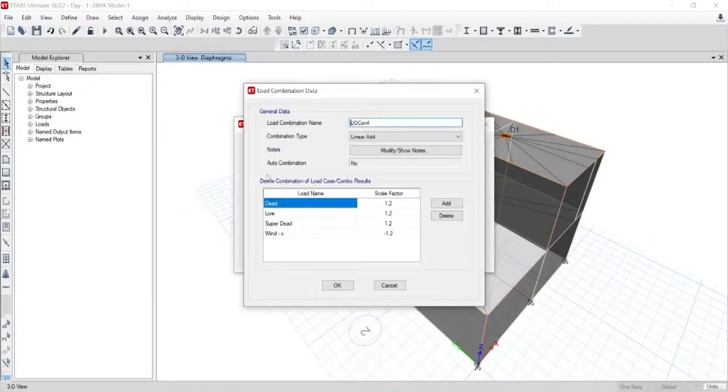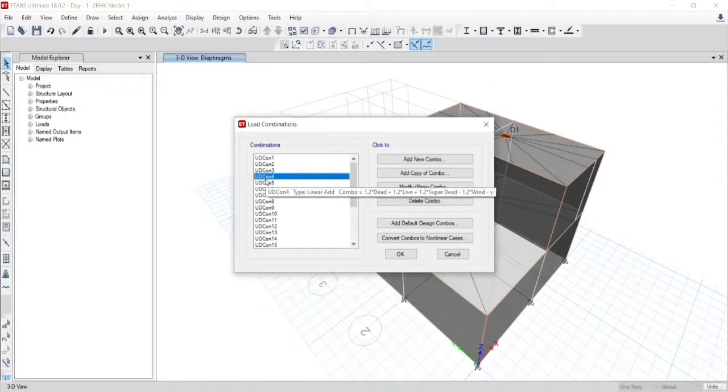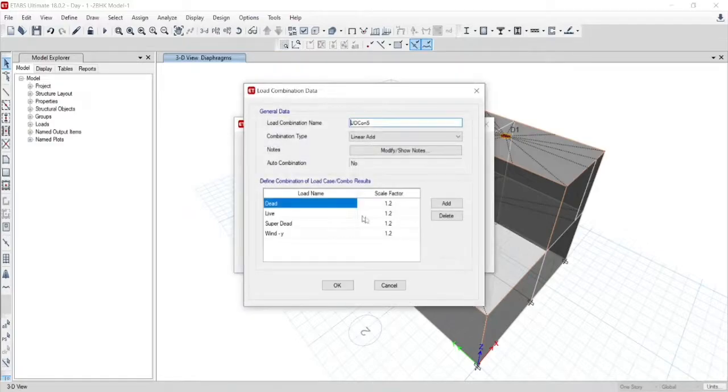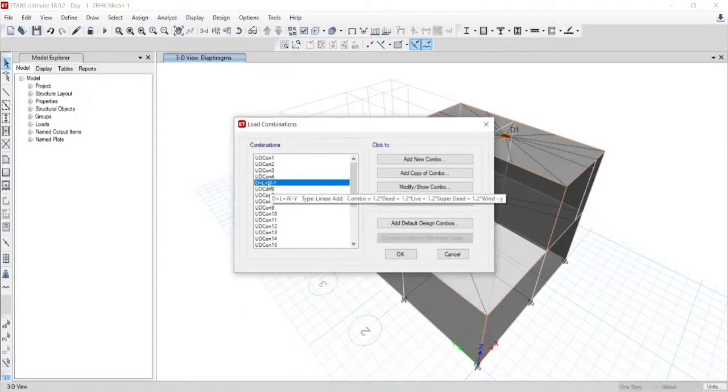And U4 is, you can see wind is acting in negative direction of x. And let us press OK. And when you are going to this component, dead load, live load, super dead load, and wind is acting in y direction. For simplifying this, dead load plus live load plus wind in y direction. You can modify this. Now it has been modified.